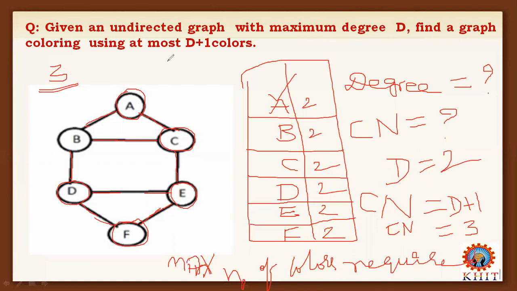So you can take red, green and blue. Now you can fill all the vertices A, B, C, D, E, F with the standard colors, namely red, green, blue. Now let us see how to solve the given problem by using the backtracking technique.